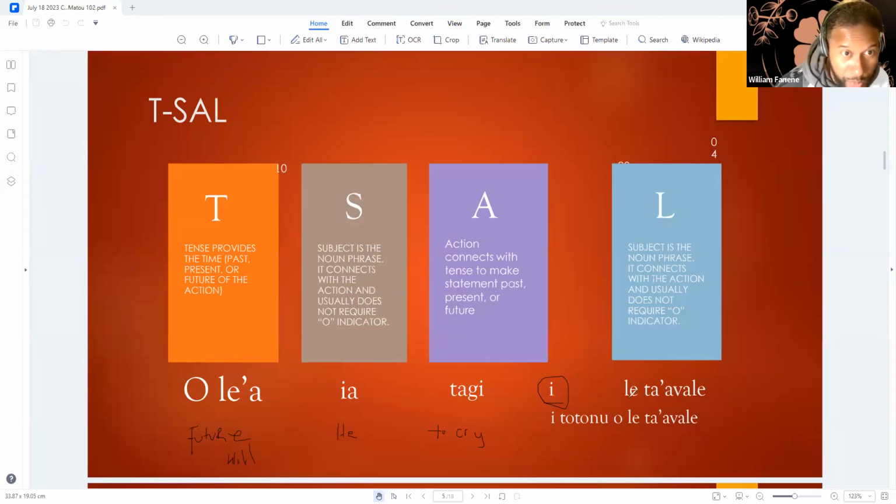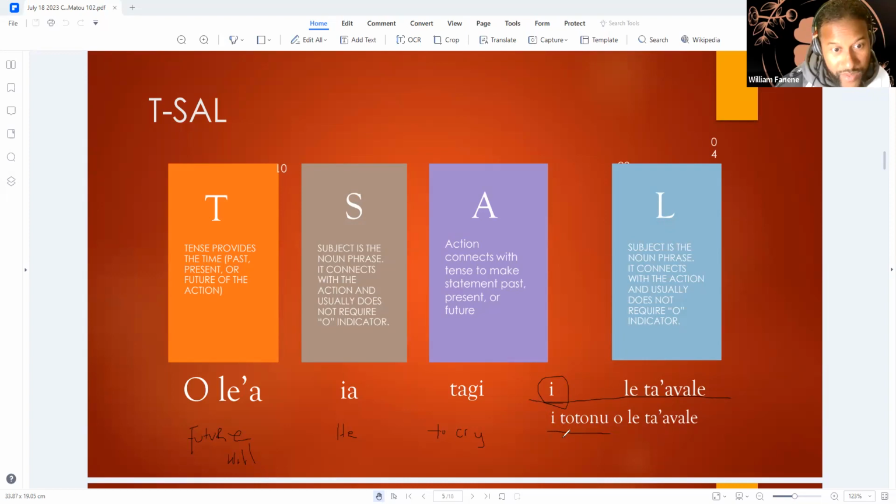If you wanted to give a little more description, I put these two examples up here because people are going to say it both ways. This way is just understood: it's going to happen in the car, he will cry in the car. But if you wanted to break it all the way out, Ole'a tangi itu tonu ole ta'avale, he will cry inside of the car.